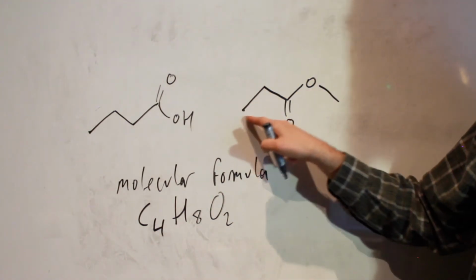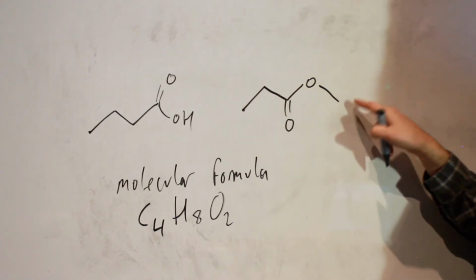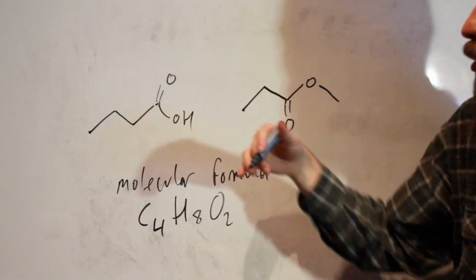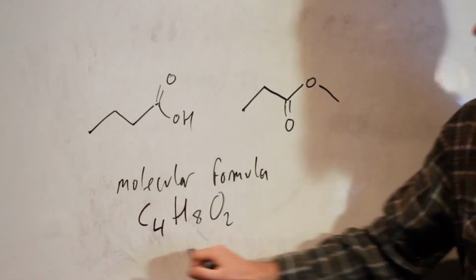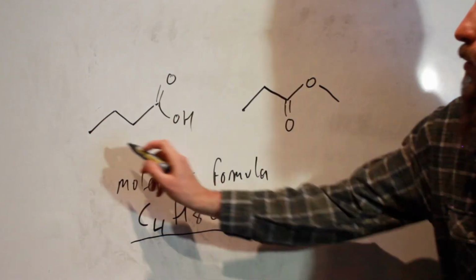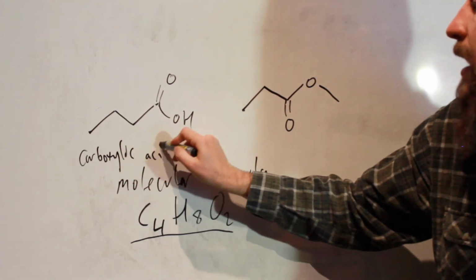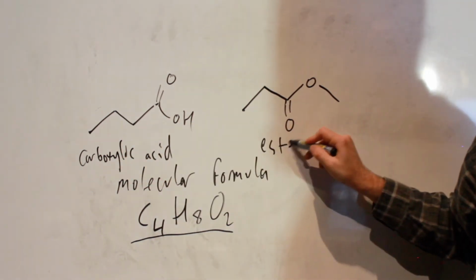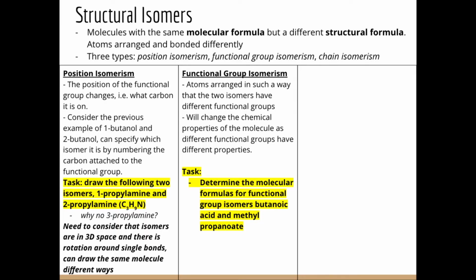We're going to have 1, 2, 3 hidden hydrogens there, 2, 3, 4, 5, 6, 7, 8, because this carbon and this carbon already have 4 bonds, so there are no hydrogens on that, because we know carbon only makes 4 bonds. So you can see here, we've got the same molecular formula, but we've got 2 different functional groups. We've got a carboxylic acid over here, and we have something called an ester over here. So these are functional group isomers because they have 2 different functional groups.